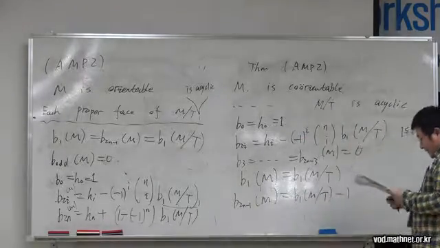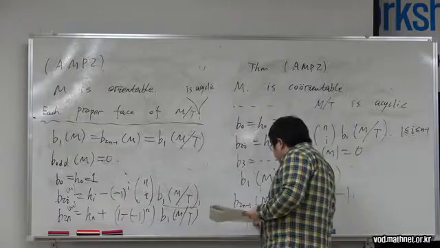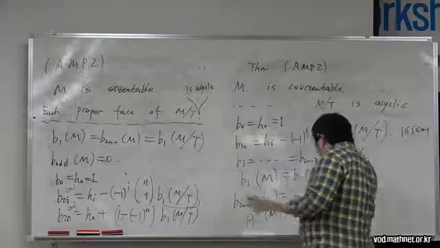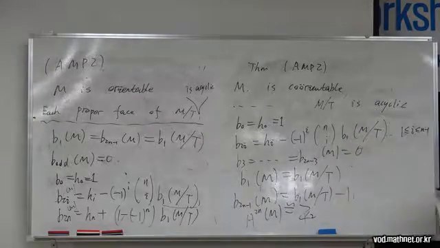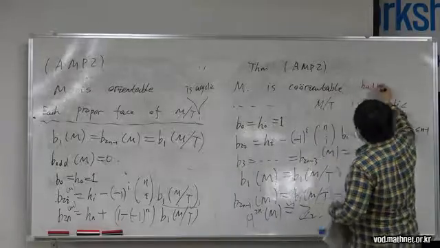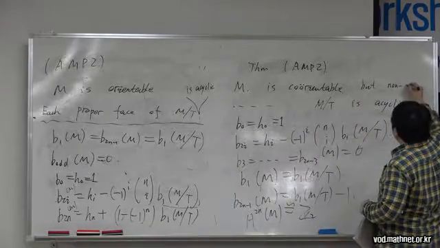This part is changed. And another case is Z2, if M is not orientable but co-orientable.